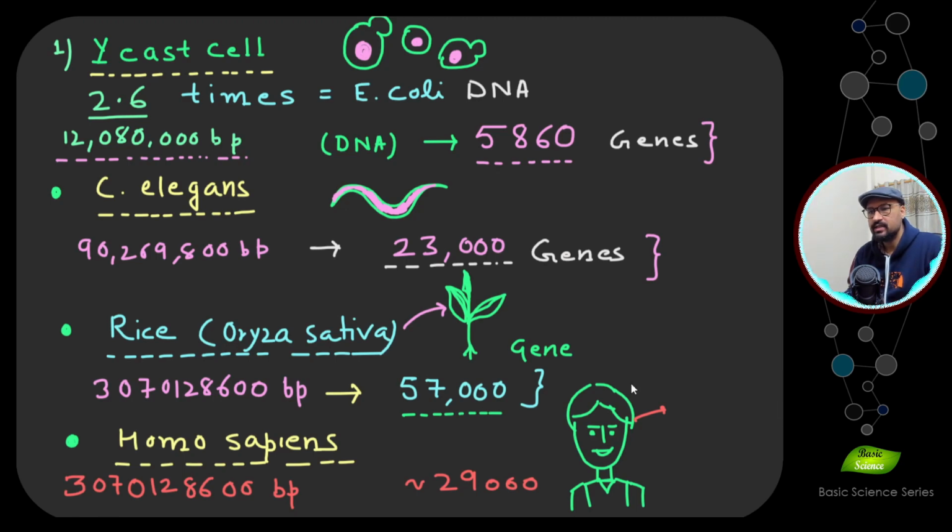We humans have this number of genes that gives the characters that right now you're seeing. So different functions, different structural components, functional components are governed by those genes. So that is the genetic information. These are the base pairs, and this is the number of genes.